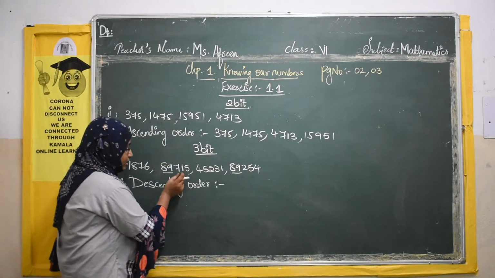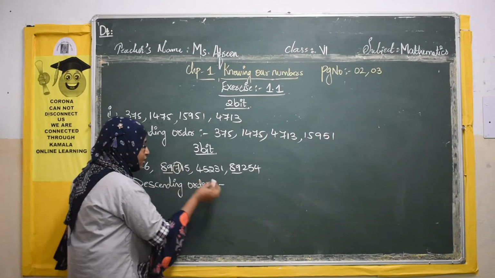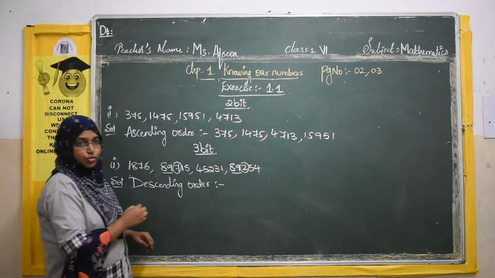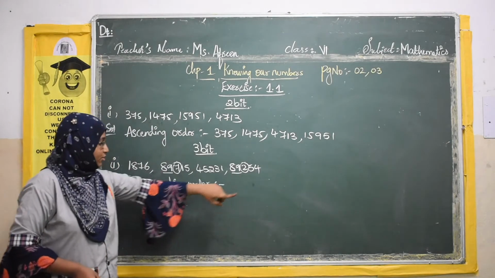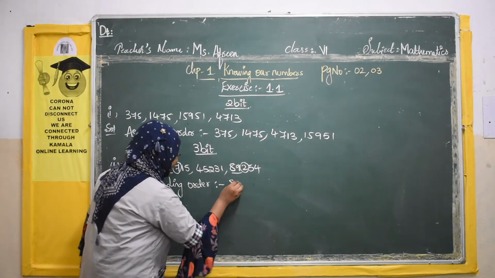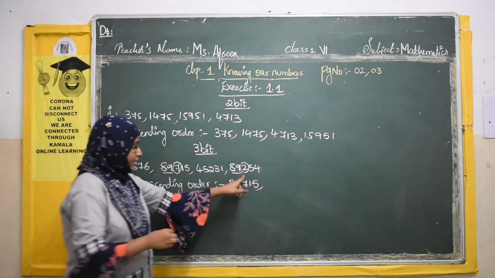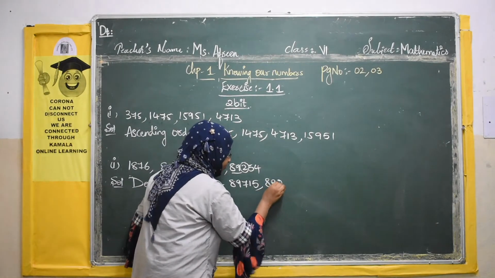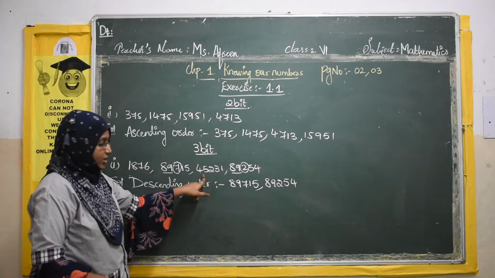Next we will move to the third place, the hundreds place. Here it is 7, whereas here it is only 2. Is 7 greater than 2 or less than 2? Greater than 2. So the first value is 89,715. Next 89,254.